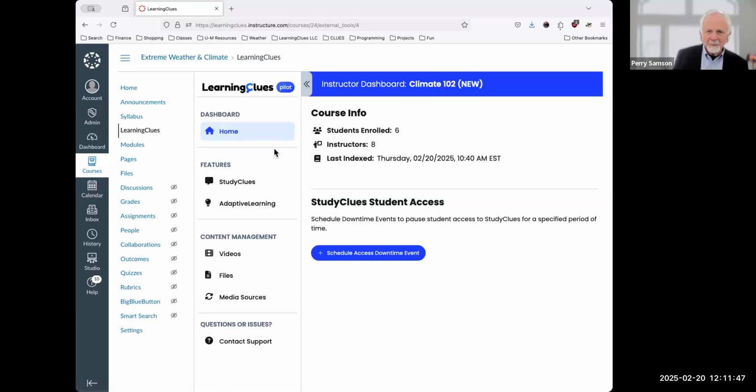I won't go through that right now, but basically it allows me to see what content has been ingested in the system. I can schedule downtimes if I don't want the system on during exams, for example. And I can see questions that students are asking, and I can see questions that the system is generating, and edit those questions if I want to.